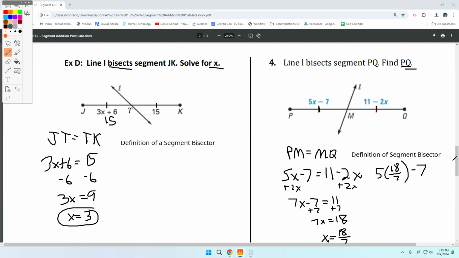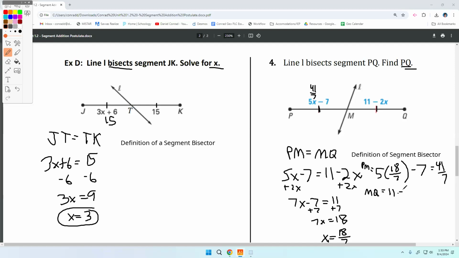That's going to give me 41 over 7. So this piece is 41 over 7. Okay, and then MQ. So this was PM. MQ is going to be the same thing. It should also be 41 over 7, but let's put it in.